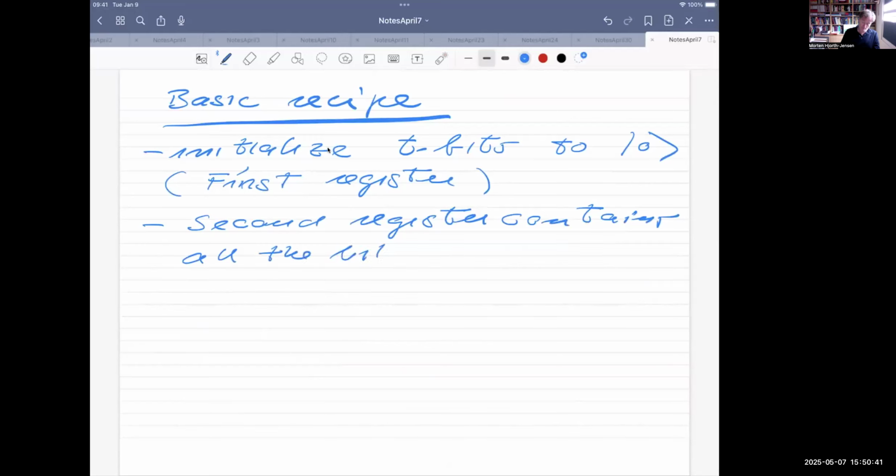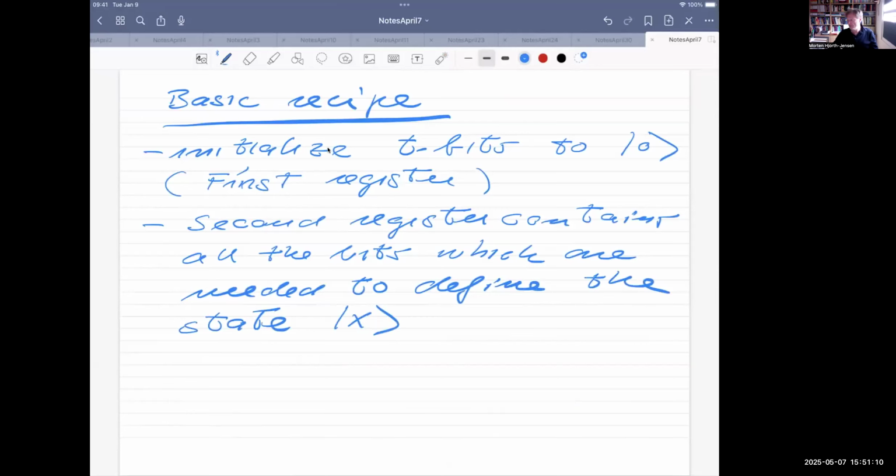All the bits which are needed to define the state which we're looking after, whose eigenvalue we're actually looking after. So let's just call that x.